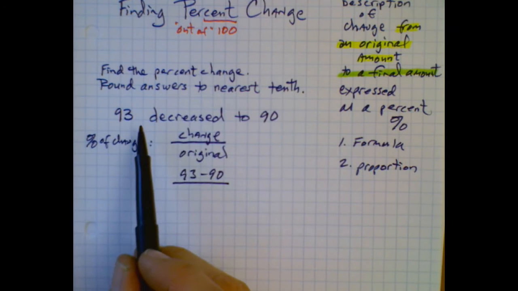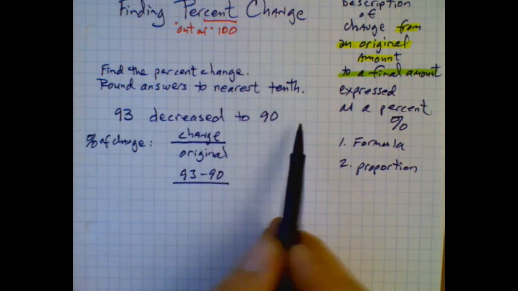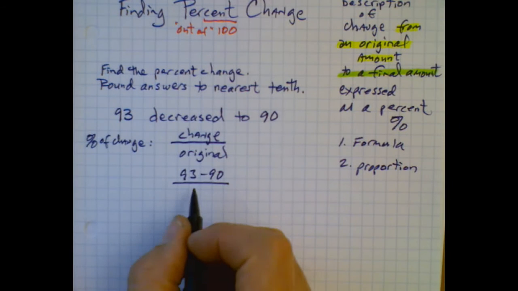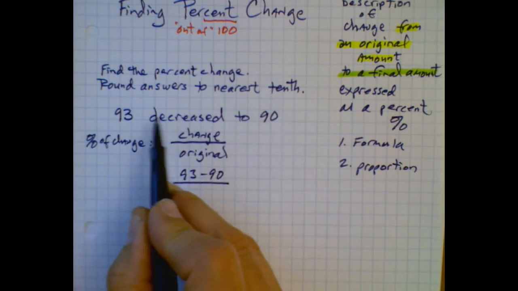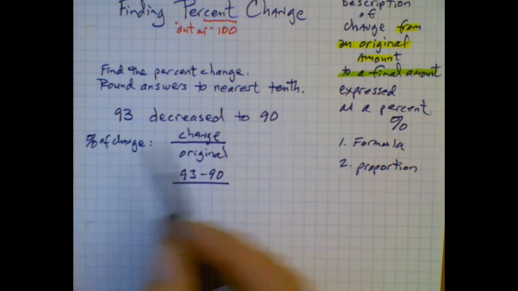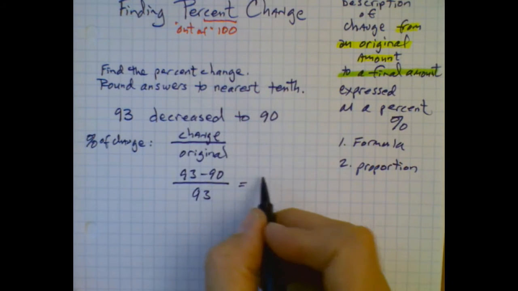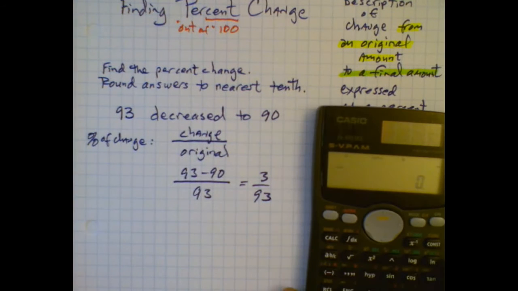So in this case, what is the original amount? That is, where am I starting from? Well, I'm starting from 93 to go to 90, so my 93 is my original amount. You just have to pay close attention to how the wording goes, because these things can be worded in many different ways. In this case, the original amount is 93, and so that simply becomes 3 over 93. And what I'll do here is get on a calculator.